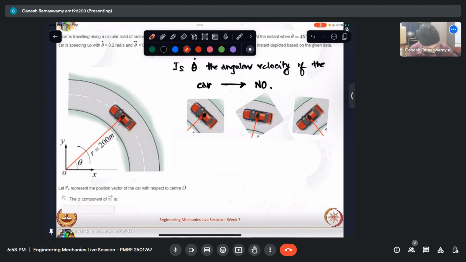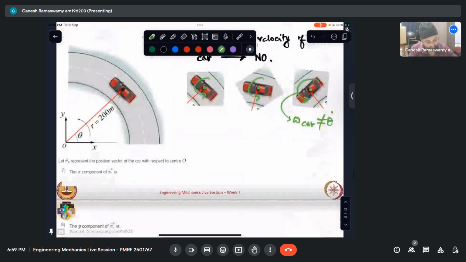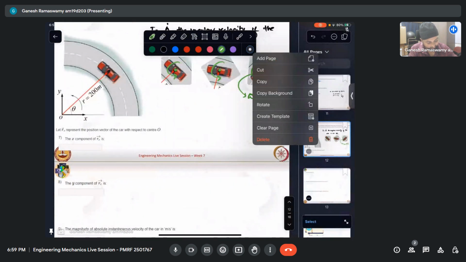Or rather, let me use a different color. About the green point. This is omega of the car, not equal to theta dot. This is what happens when the car is rotating. Okay. So now let us look at what we have here.